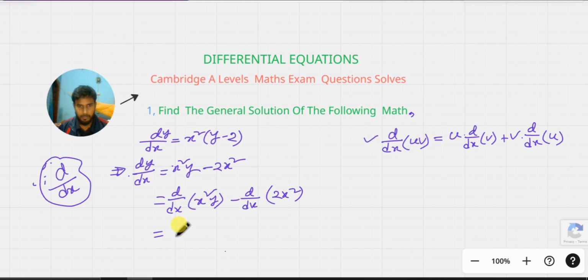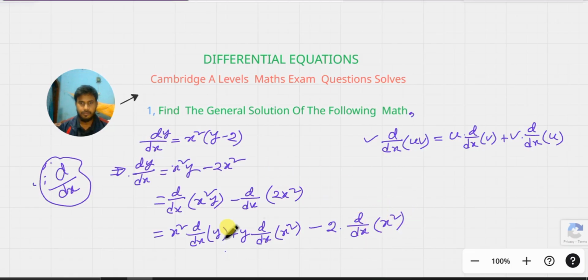Okay, so we will apply this formula: x square into dy/dx plus y into d/dx of x square minus, here we can see there is a constant number, so it will come outside, 2, and d/dx of x square into dy/dx plus y into, here you can see there is an x to the power n like formula, so the result will be n into x to the power n minus 1.